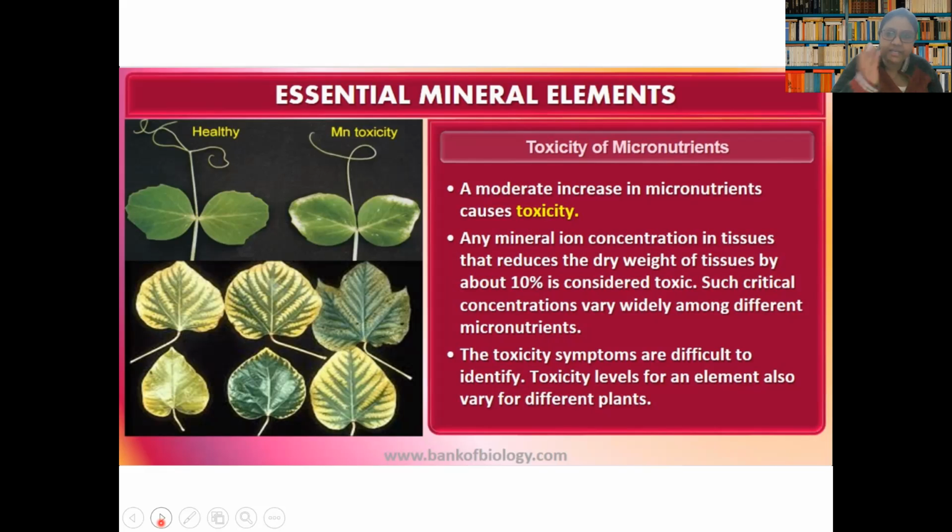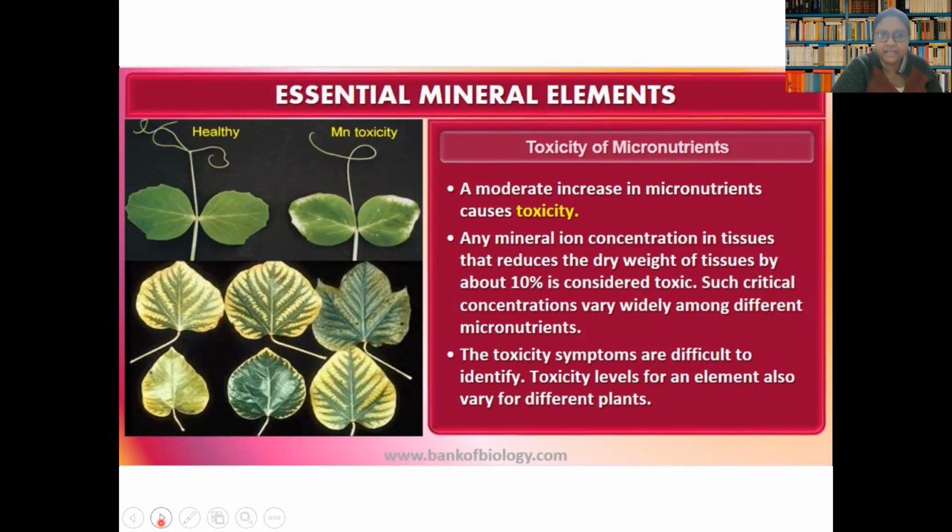So the coin has two sides. One is the deficiency, which is caused due to absence or presence of an element in low quantity. Similarly, if any element is present in high quantity, then also it is harmful for the plant.